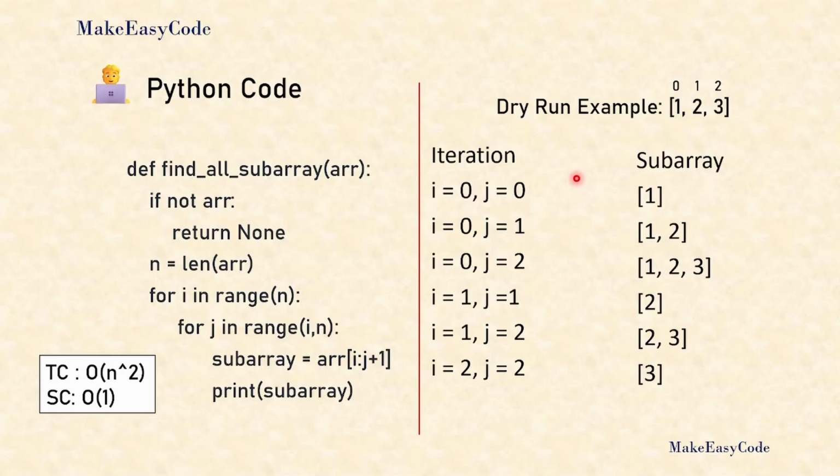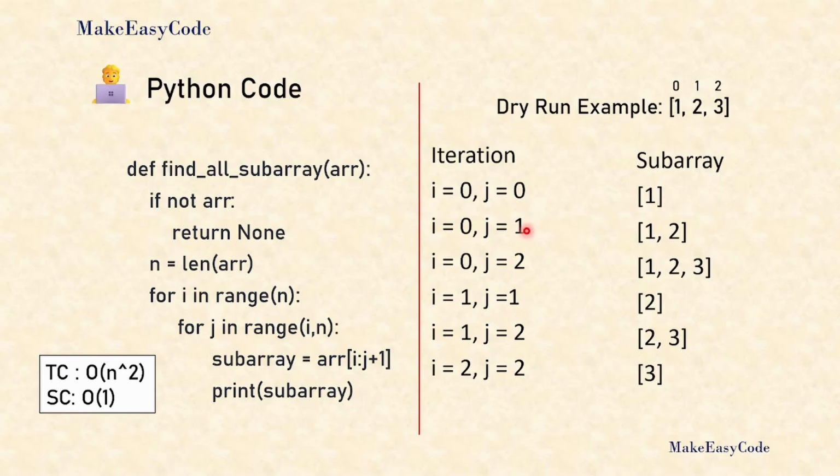First, I put i equal to 0. We are starting at index 0 and ending at index 0. Both are at index 0, so we have the subarray as 1.